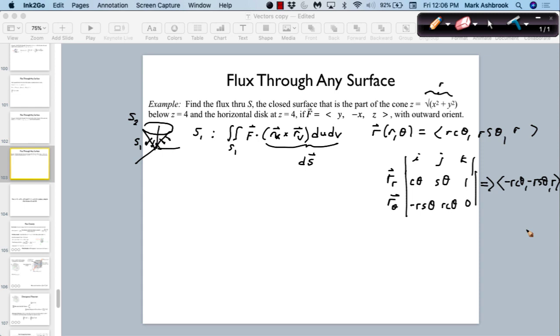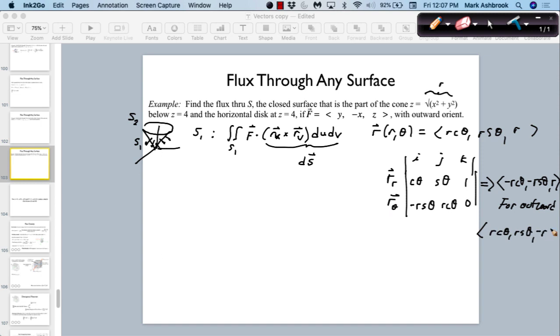No. Because, look, the z values are positive, but our outward orientation shows that those vectors are pointing down. That means to get the outward orientation, we really should have done r_theta cross r_r. We should have flipped these. And if we do that, what do we get? So for outward orientation, everything is just going to flip the signs.